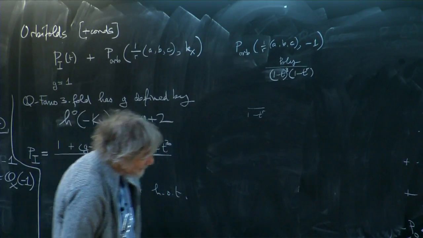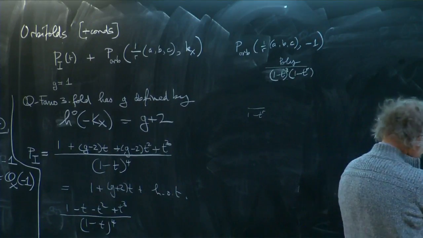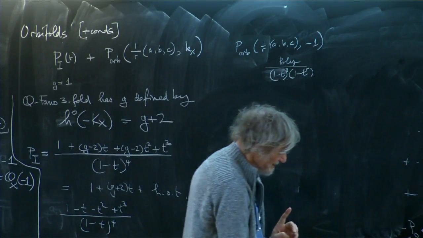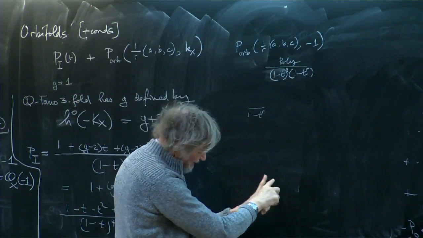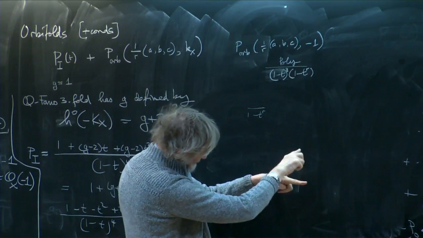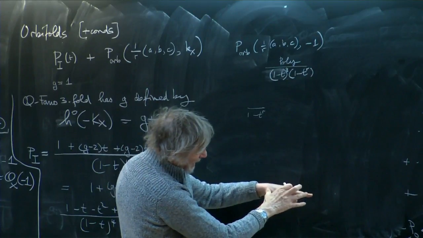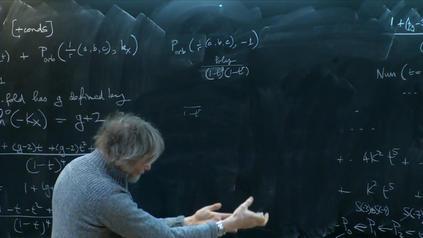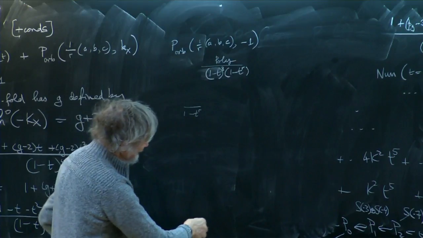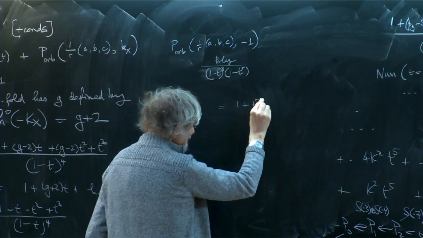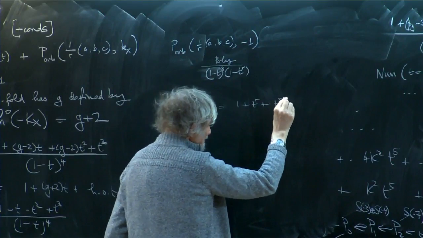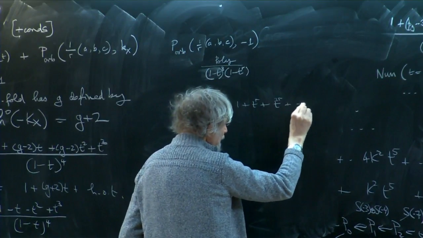So if I was doing this calculation that you can still see on the board, if I have a function that is a sort of step function with period r, then dividing by 1 minus t to the r just removes that periodicity. So this is 1 plus t to the r plus t to the 2r.